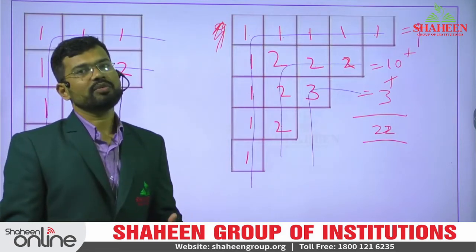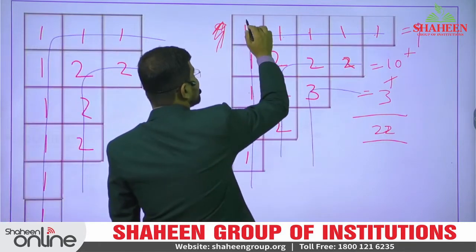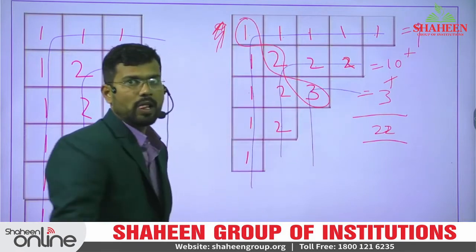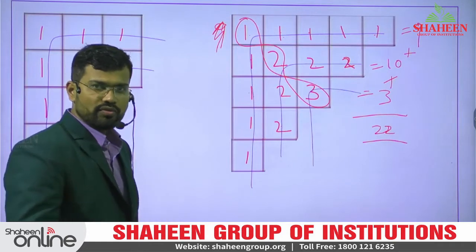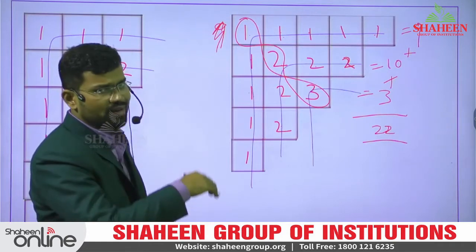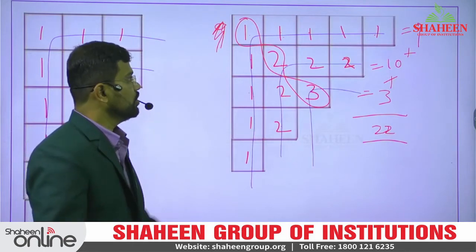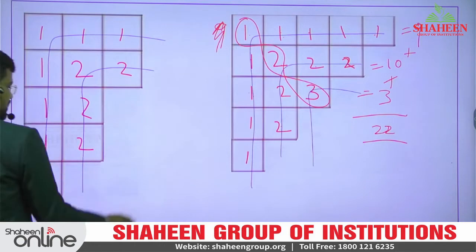If they give this type of ladder figure, then, yes friends, look at here, very important. Diagonally you just put the numbers 1, 2, 3, 4. Let them give any length of problem in this ladder, you just put it there and you can easily solve it, friends. Yes, look at here.